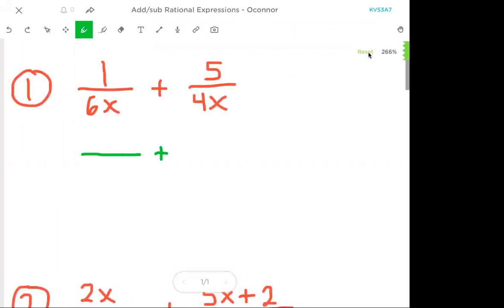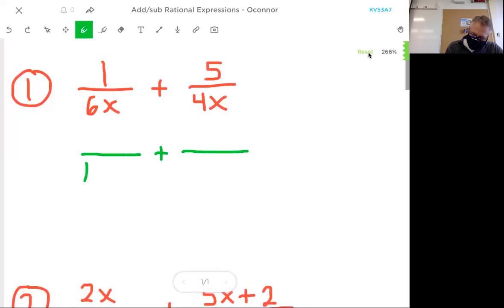So the most concise way to do this is to have a common denominator of 12x. Some of you did 24x, which is okay. You'll still get the same answer, but you will have to cancel at the end. But another way to do that would be 12x.